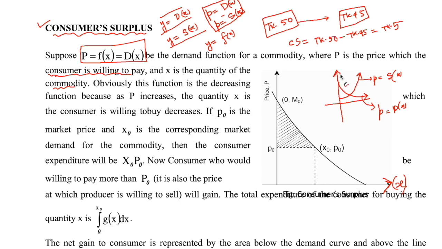This axis is the p axis, price, and this axis is the number of units. The point where the two curves, the demand curve and the supply curve, intersect each other is called the equilibrium point.